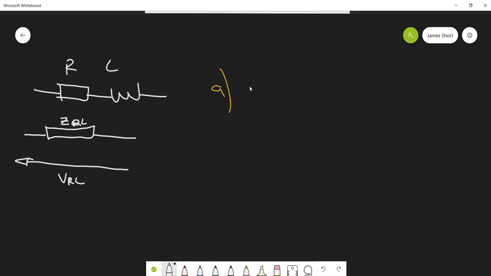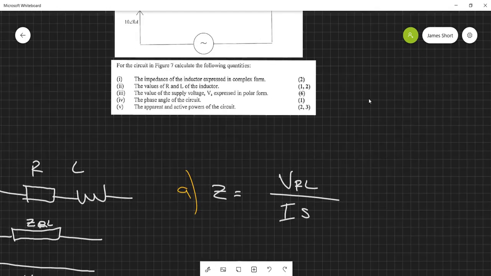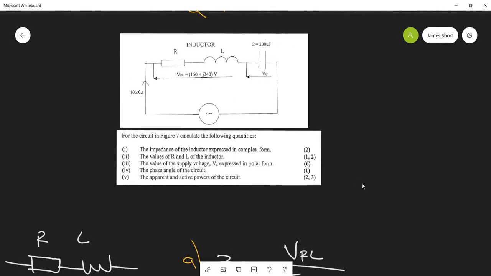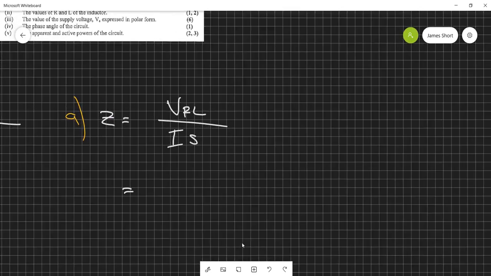So Z, let's find out what Z is. That is the voltage drop across the combination resistor and inductor divided by the supply current. We're given the voltage drop, and that is 150 plus J340, and we're given the current, which is 10 amps.